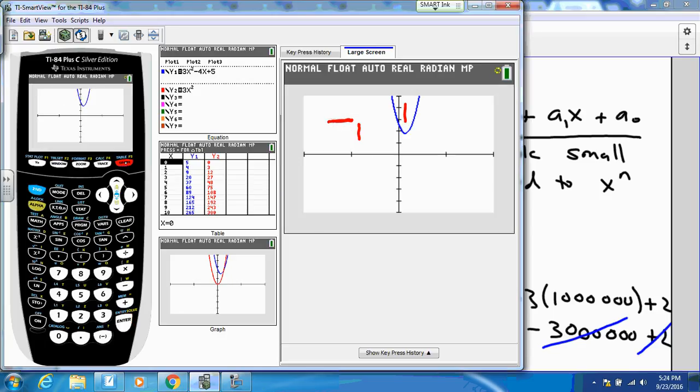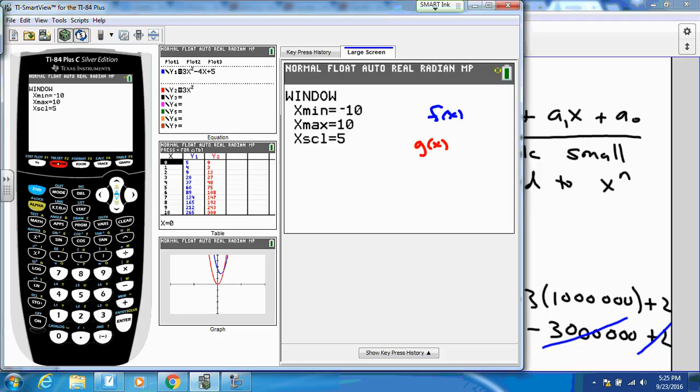First I have the graph of those two in the standard window size, negative 10 to 10. And when I graph those two functions, here's my f of x right here, and here's my g of x right here. You can see that they're different. So that's in the standard window size.